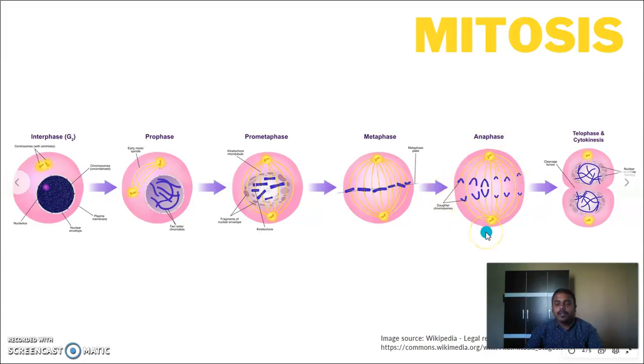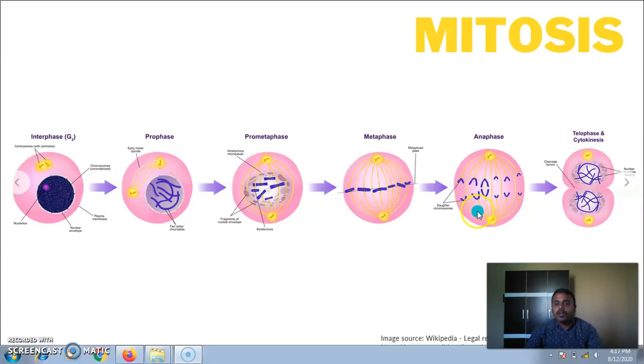So what happens in anaphase? Here in anaphase, your chromosomes are going to be split into two equal halves. This is the decondensed form, and this is your condensed form. A condensed form of your chromosome will have daughter chromatids, two pairs of daughter chromatids, which actually have four arms: 1, 2, 3, 4.